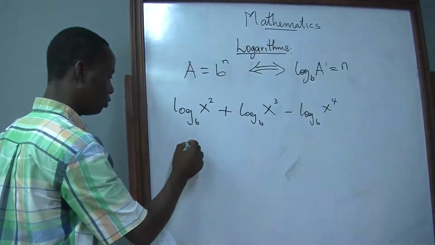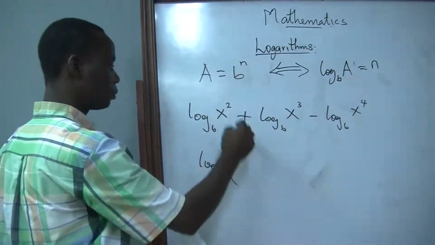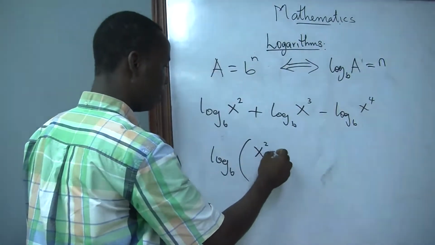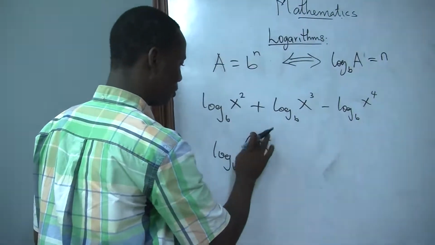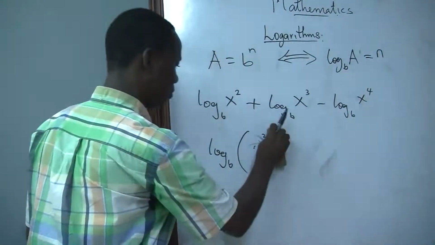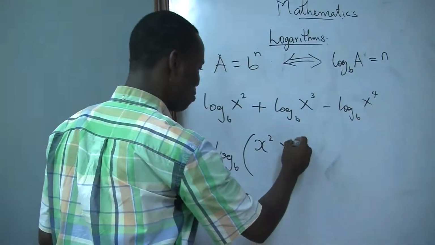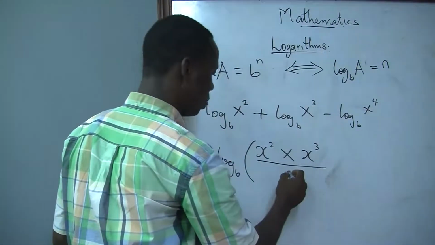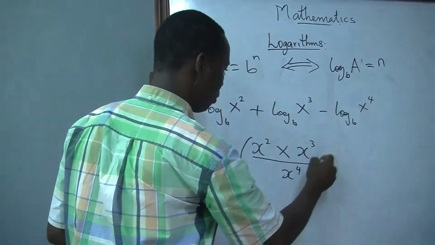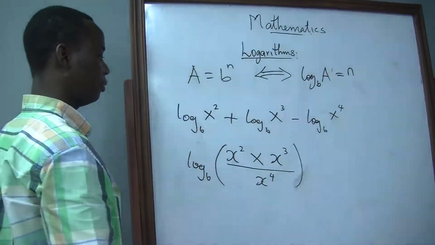That is simple, and it's just log in base b of x squared multiplied by x cubed all over x raised to the power of 4. That is that. So let's see what that would be.